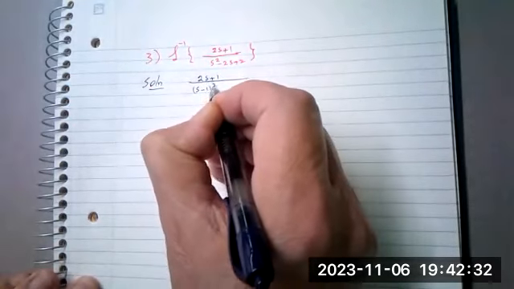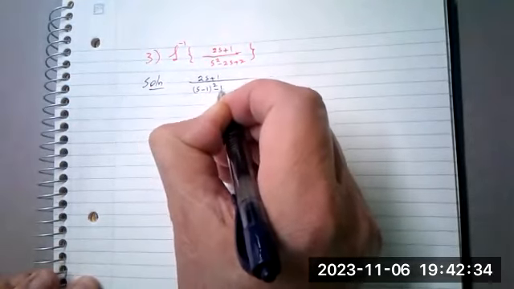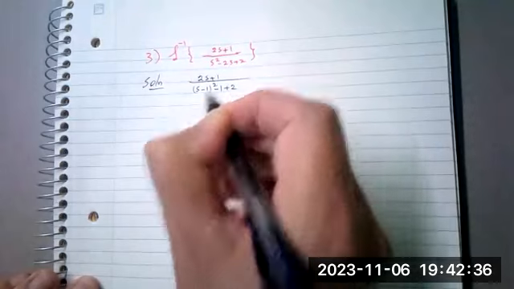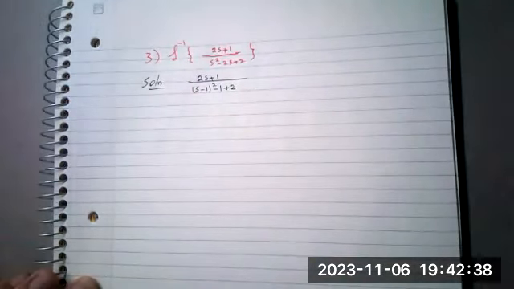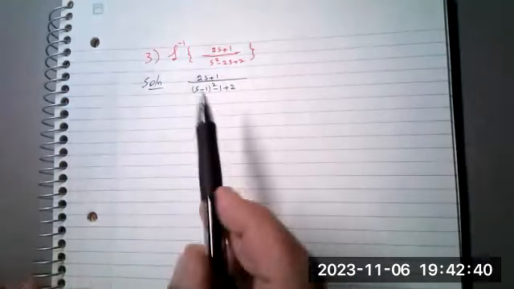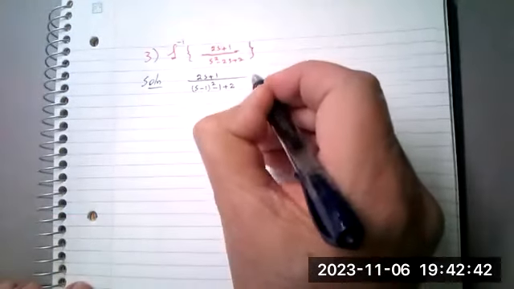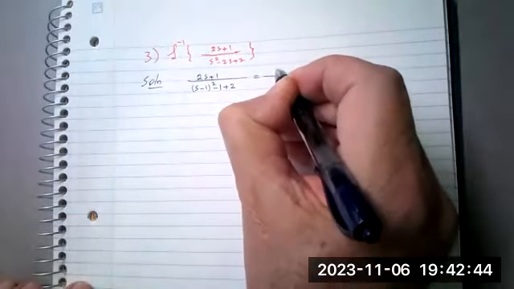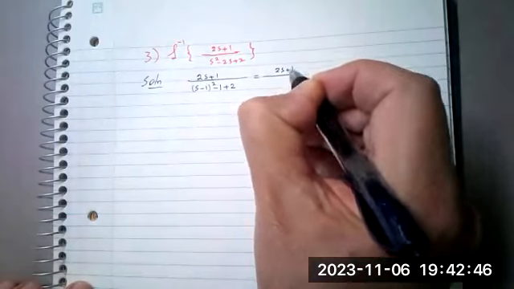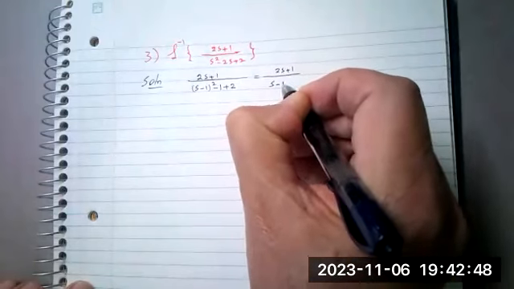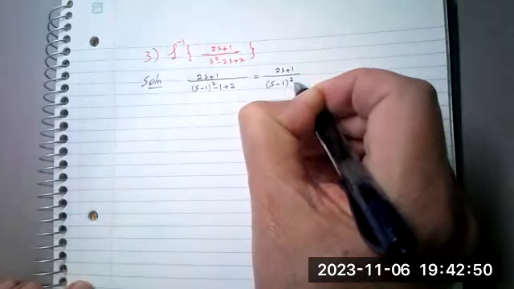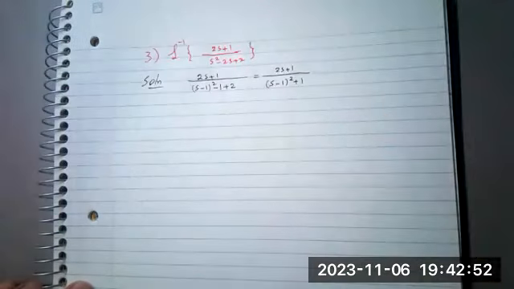Negative 1 squared would be 1, so it's going to be minus 1 and the plus 2. Because when you square it, this is twice the first times the second, so you are going to get the 2s. Now we get (s minus 1) squared plus 1.